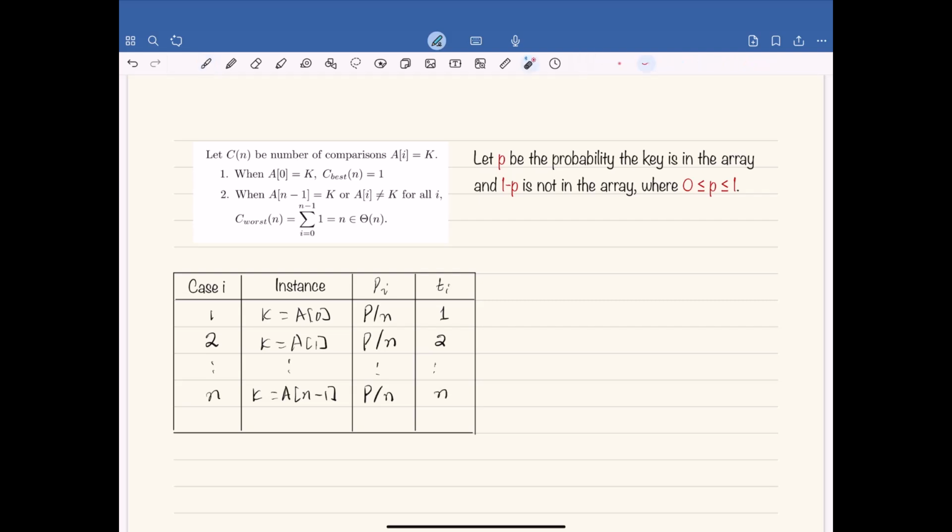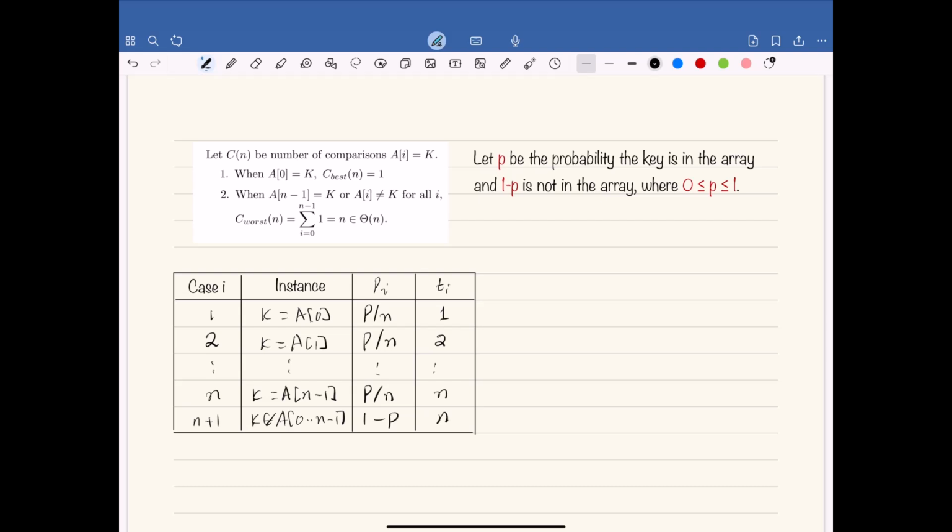So here we have the best case, and here we have the worst case. And now we need to consider if the key is not in the array. This will be case n plus 1, and this happens if the key k is not in the array A. And the probability for this to happen is 1 minus p, and the number of comparisons is equal to n.